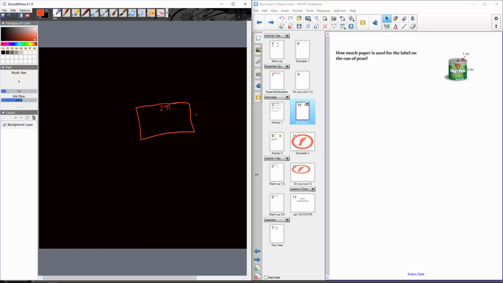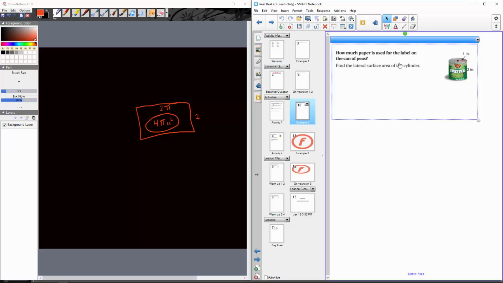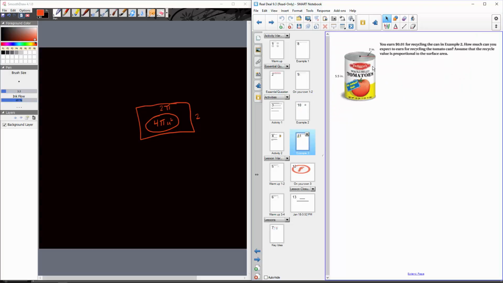And then my height is 2. So this label is only 4 pi units squared. And that's all I have for this one, which is about 12.56.